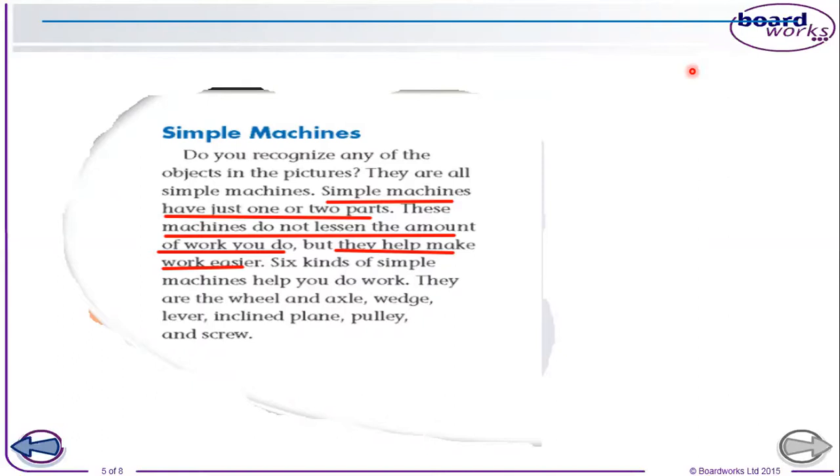These machines do not lessen the amount of work you do, but they help make work easier. Six kinds of simple machines help you to do work. They are wheel and axle, wedge, lever, inclined plane, pulley, and screw.